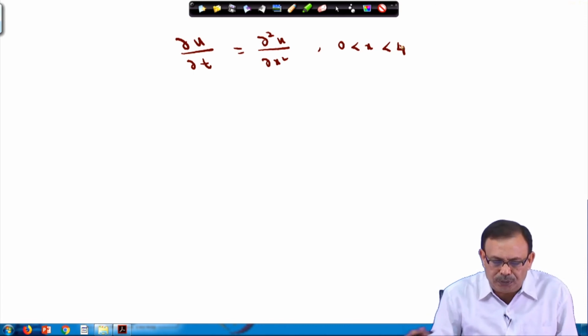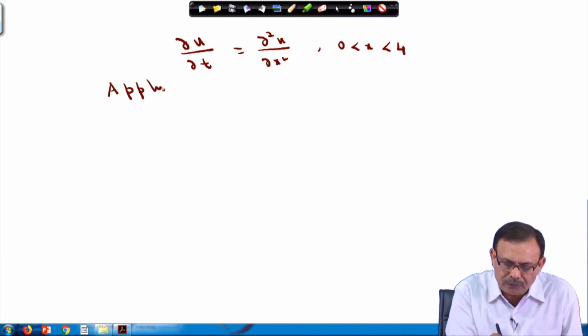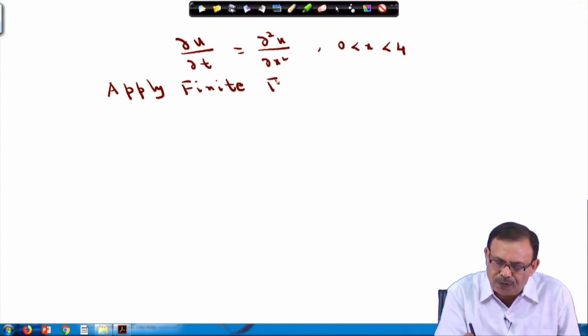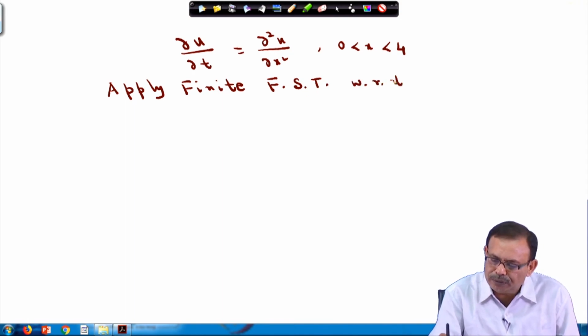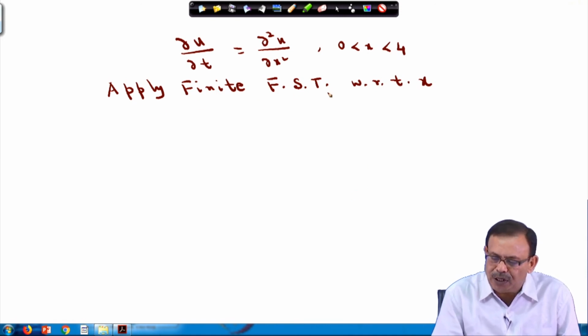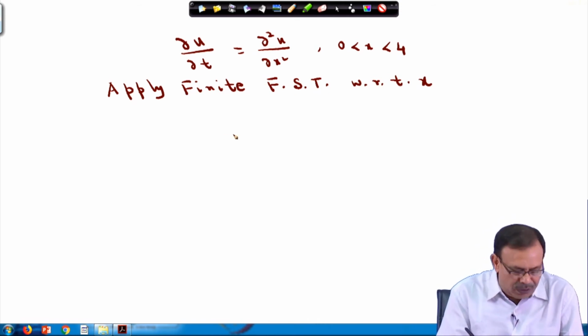So, what you will do: apply the finite Fourier sine transform with respect to x, and this was possible since the values of u(0,t) and u(L,t) are known to me. I am applying the finite Fourier sine transform with respect to x on both sides of the given differential equation.